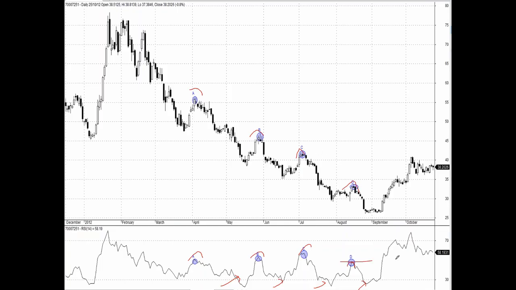And once the neutral zone is crossed, you can either book profits and move out, or you can tighten your stops. So this was the first trading setup. I hope it is clear. Our first trading setup, how to trade overbought and oversold.